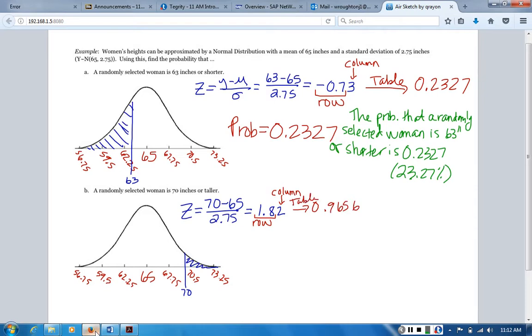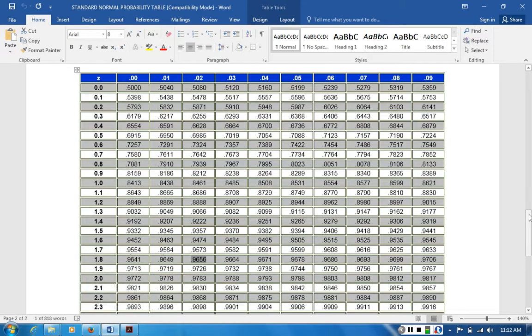So far, so good. All right, now here's the problem. My picture is shaded to the right. The table is shaded to the left.